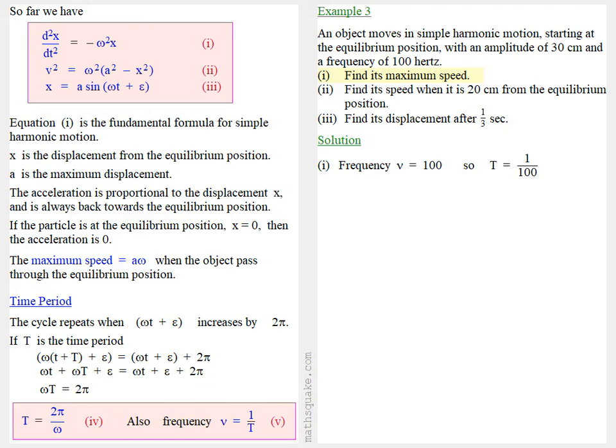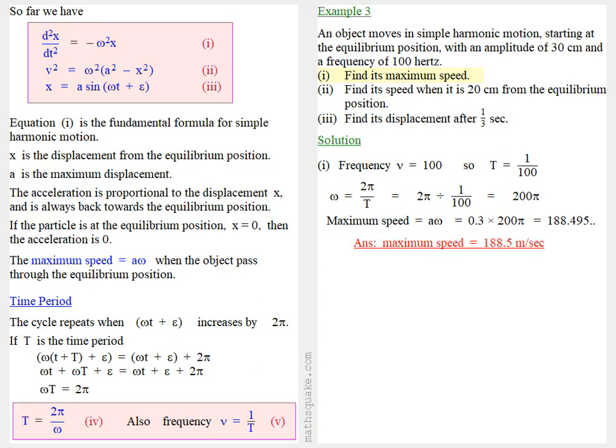So that means the time period T is 1 over 100, and omega is 2 pi over the time period T. So it's equal to 2 pi divided by 1 over 100, which is 200 pi. Now the maximum speed is a omega, where a is the amplitude in meters. So that's 0.3 times 200 pi, which is equal to 188.495. So we have a maximum speed of 188.5 meters per second.